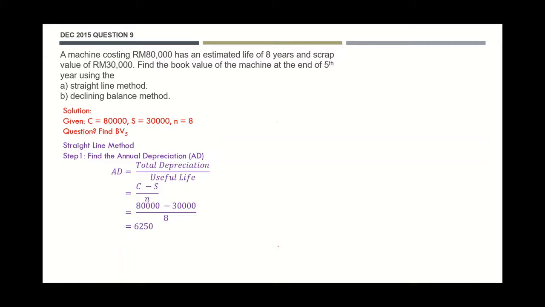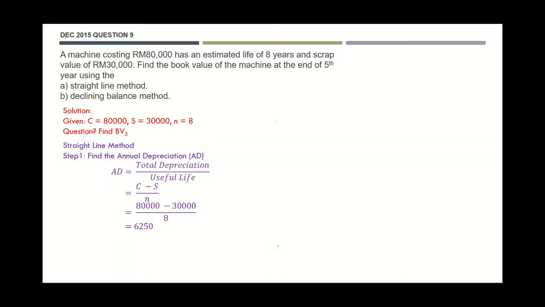So this is given by the formula C minus S divided by N. Substituting the correct values into the formula, that is 80,000 minus 30,000, you get 50,000, and you divide by 8, the useful life, you get the annual depreciation to be 6,250.